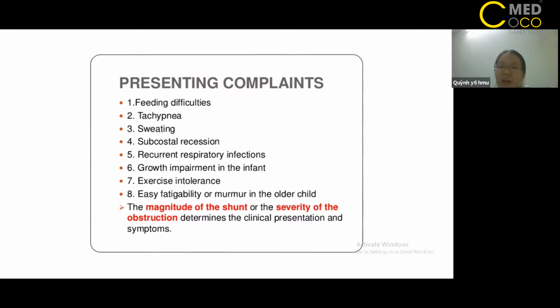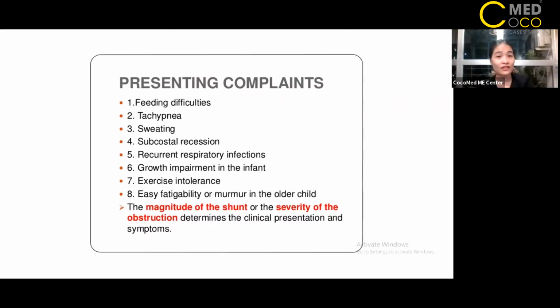And not every congenital heart defect can be diagnosed in the early times of the infant. It is often diagnosed at a very late stage.